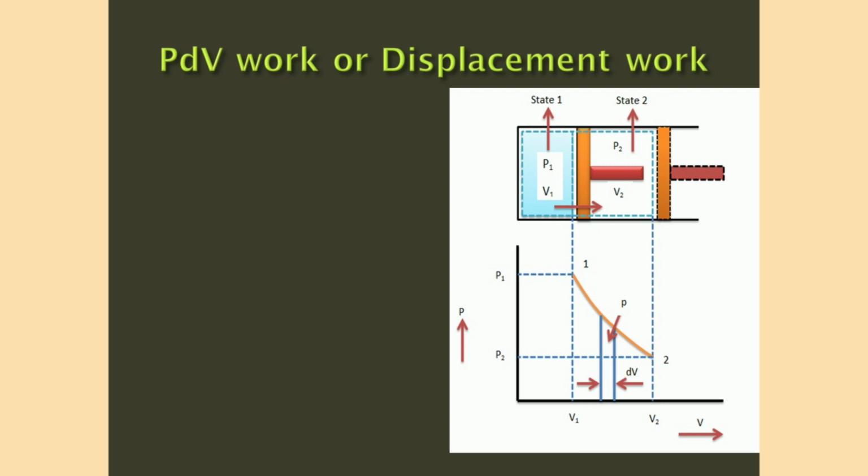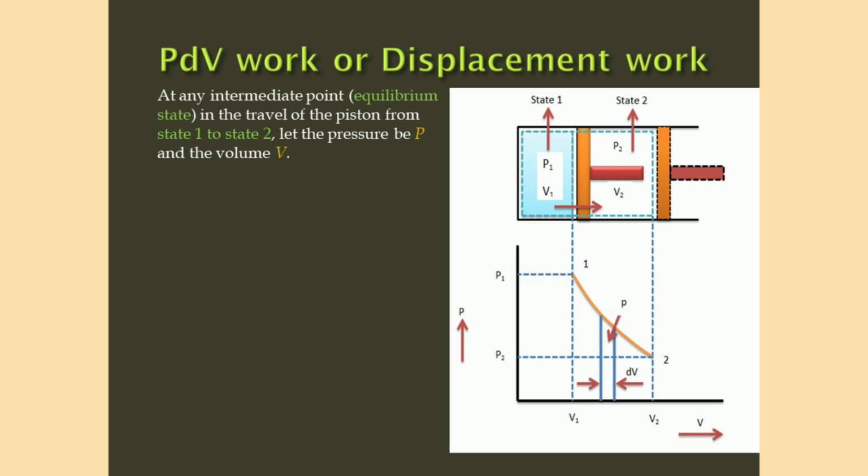We can assume all the intermediate states between 1 and 2 as equilibrium states. Now we can consider any intermediate point, that is an equilibrium state, in the travel of the piston from state 1 to state 2. Let the pressure and volume of the intermediate state be P and V. When the piston moves a small distance dl, and if A is the area of the piston, we can write the force F equals pressure into area, that is PA.